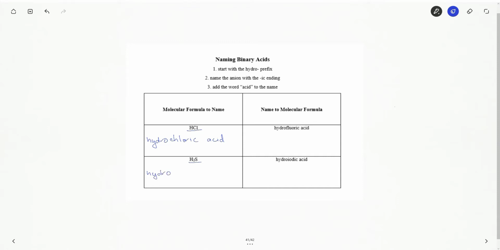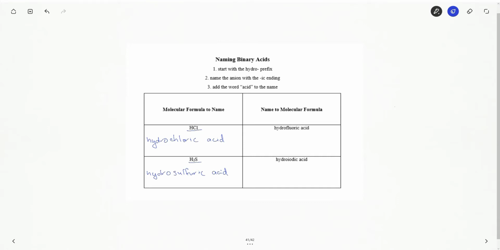My sulfur, again, I'm going to name with the ic ending. Becomes sulfuric. And again, my last rule simply tells me to add the word acid to the end. H2S is simply hydrosulfuric acid.